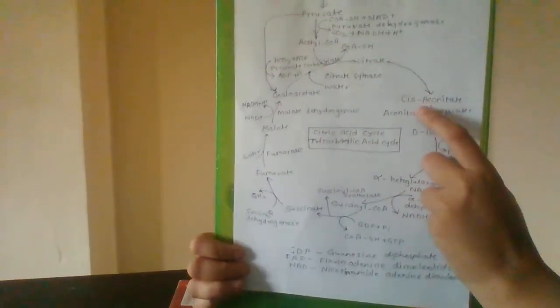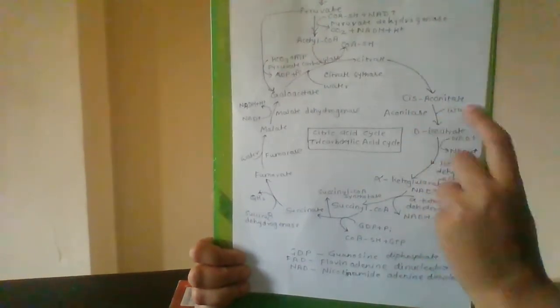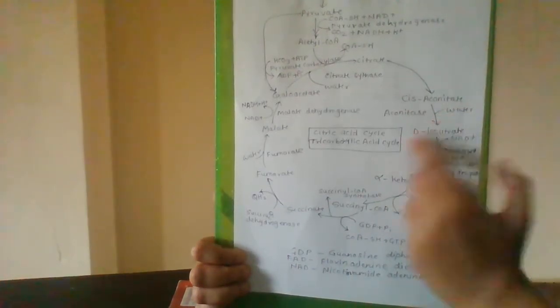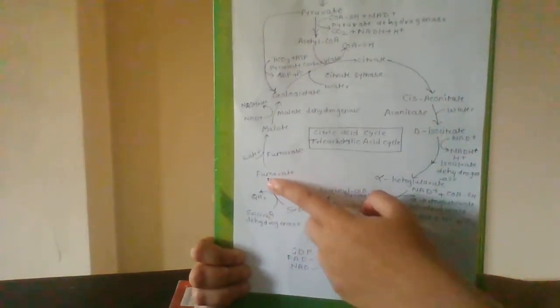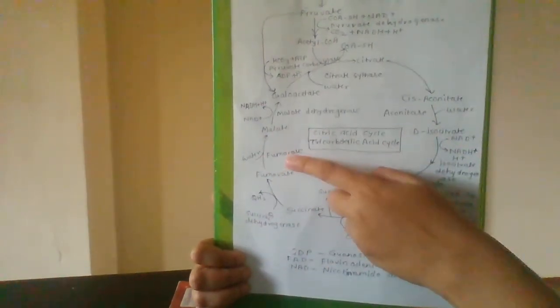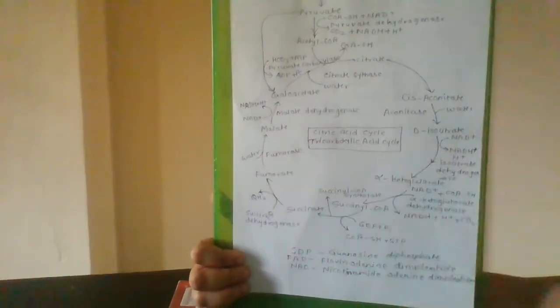In the second reaction, cis aconitate is converted into D-isocitrate and water gets added in this reaction. And this is the third reaction, where fumarate gets converted into malate in the presence of fumarase, where water gets added. Okay.